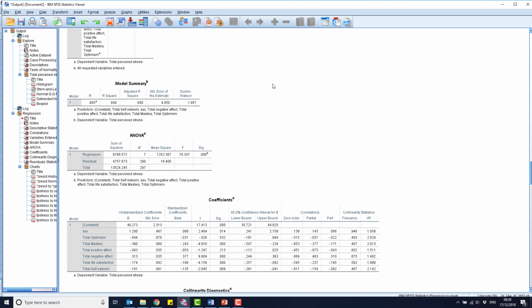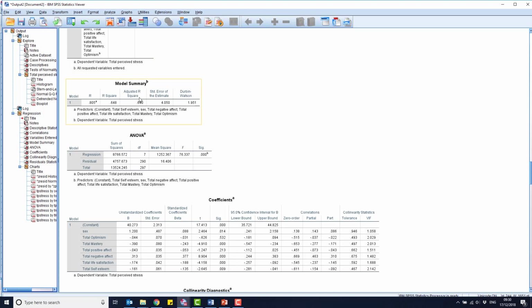And we can see here that that's basically 65%. So 65% of the variance in perceived stress can be explained by knowing people's self-esteem, negative and positive affect, life satisfaction, mastery and optimism. That sounds like quite a large percentage of variance. That's a good thing to know.